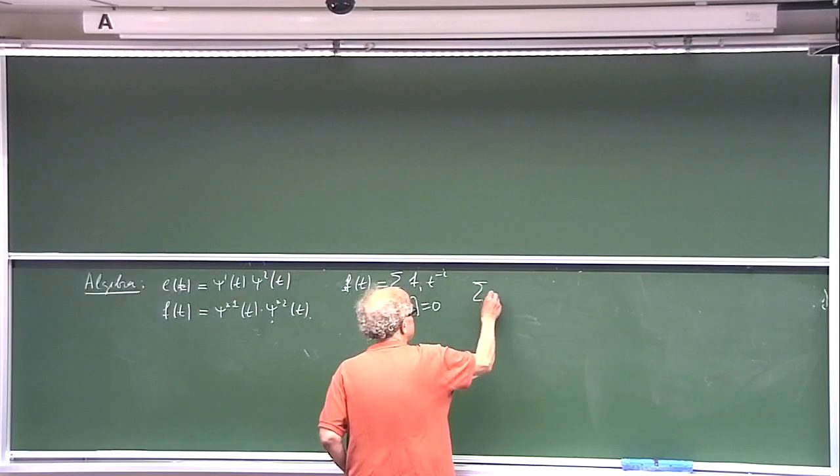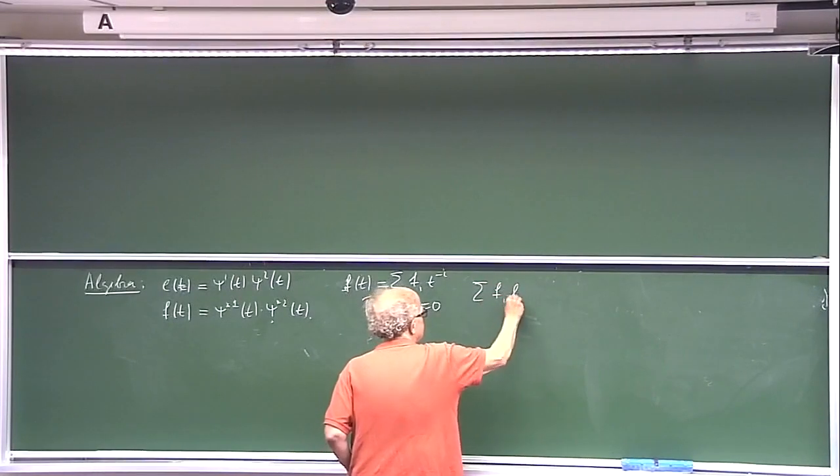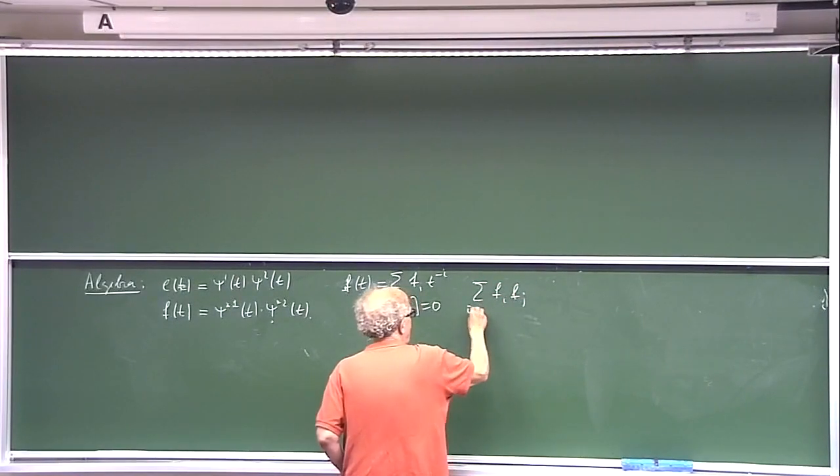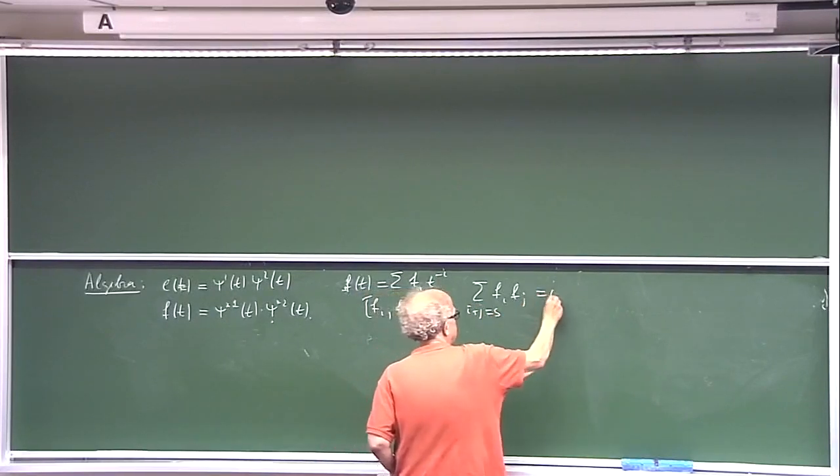The summation of i, j with i plus j equal s is also 0.